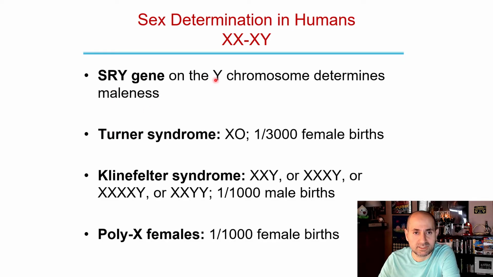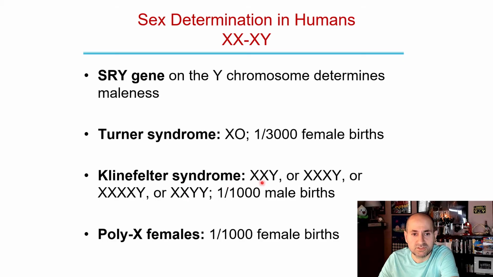What's interesting is that humans can be born with different numbers of X and Y chromosomes. In Turner syndrome, you could be born with only an X chromosome, and that's it. No Y chromosome, no other X chromosome to complement. This occurs in about 1 in 3,000 female births.